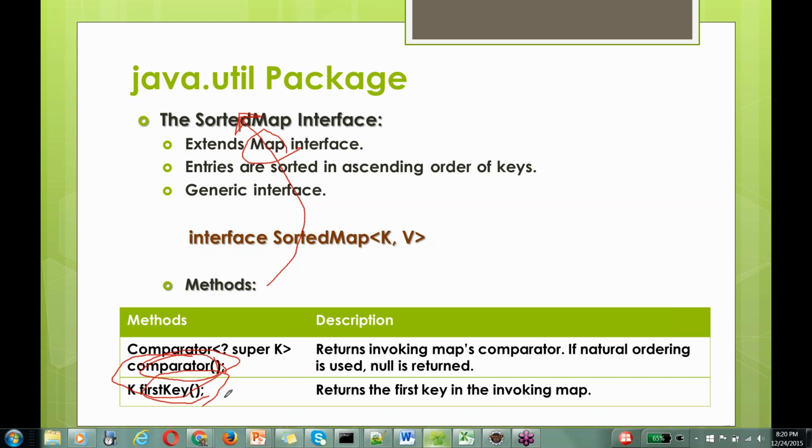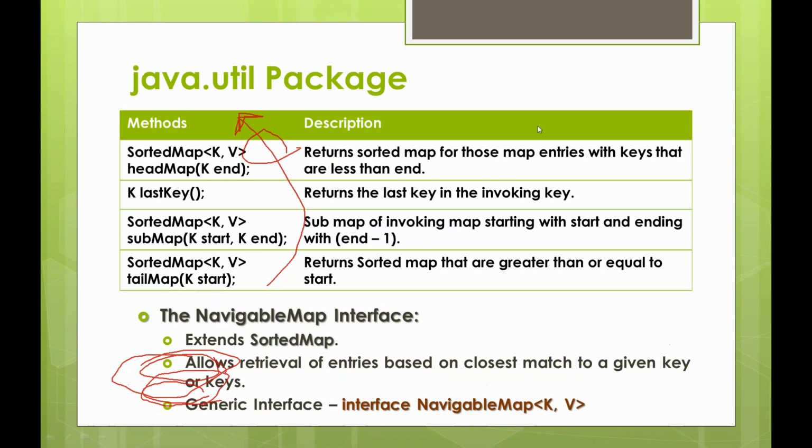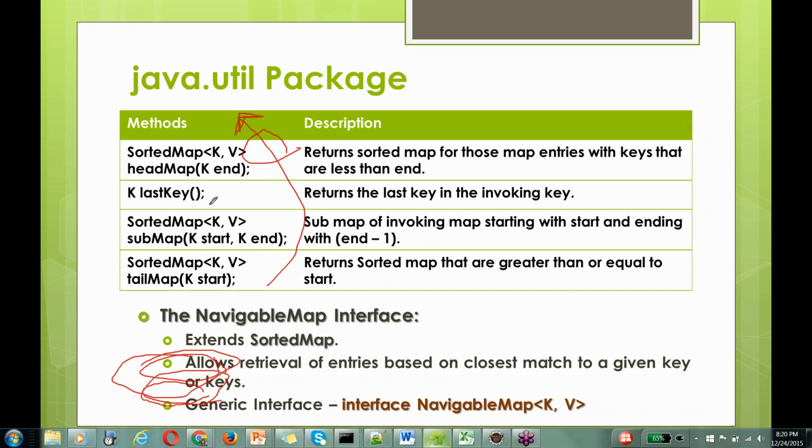So the first key you can get by using the first key method. Then you can get similar to our sorted set and sorted list. Did we have sorted list? I don't remember exactly, so you think about that.